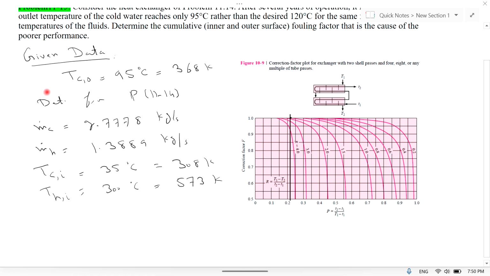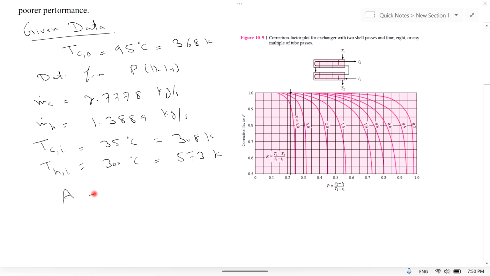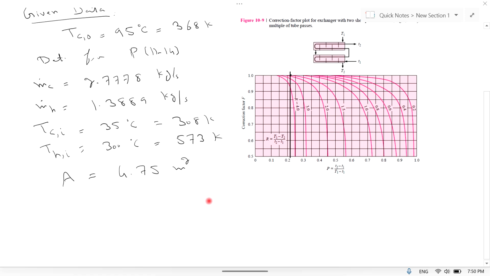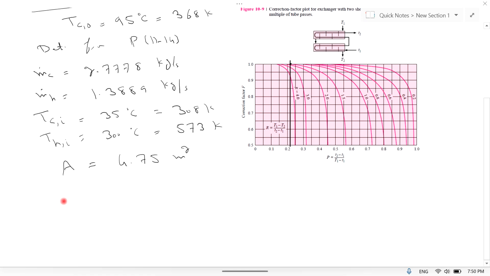The area calculated by us in the previous problem is 4.7. It is the same heat exchanger, so the area will be the same. There will be no difference; the performance decreases due to the fouling factor, but the area of the heat exchanger is the same.